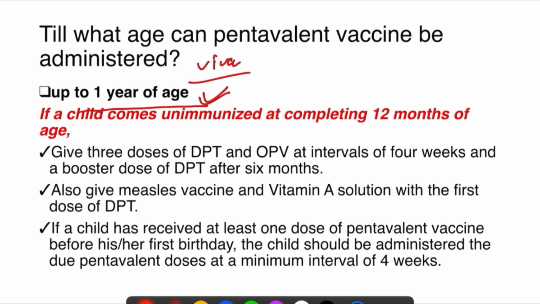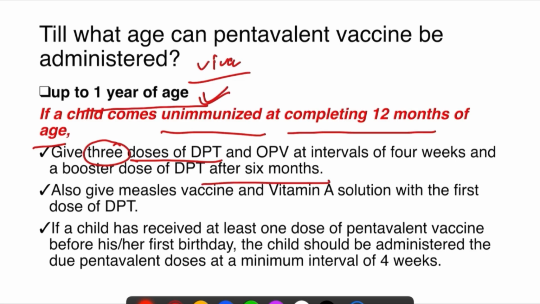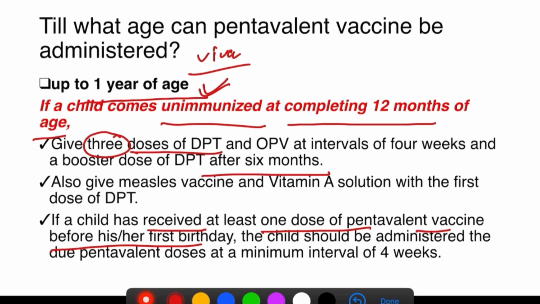Now a few scenarios may occur, like if a child comes unimmunized after completing 12 months of age. Instead of the pentavalent vaccine, we have to give the 3 doses of DPT vaccine and a booster after a gap of 6 months. But if a child has received 1 dose of pentavalent vaccine before his or her birthday, in that case, we have to complete the remaining doses of pentavalent vaccine with a minimum gap of 4 weeks.